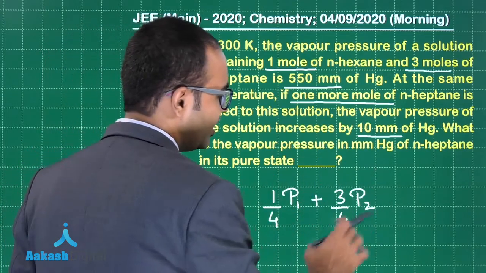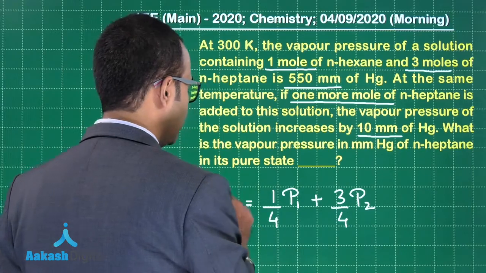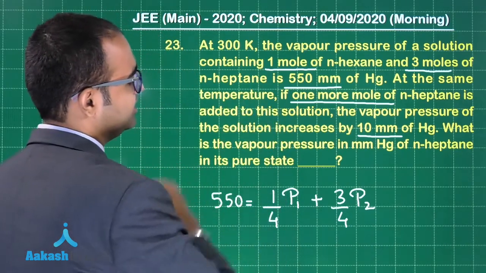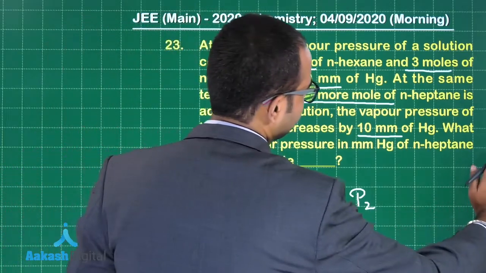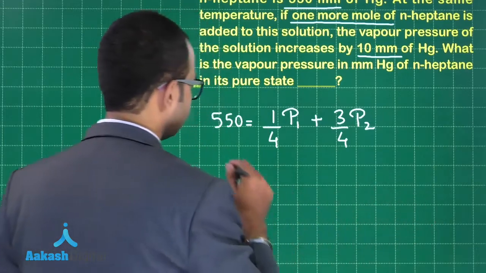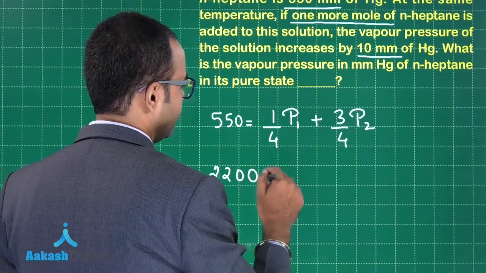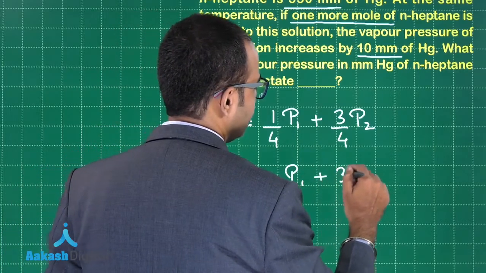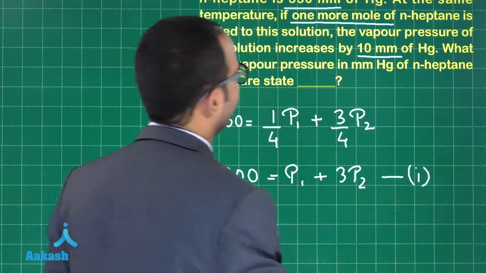So this is how we give the total pressure, and this will be equal to 550, that is given. So our first equation becomes P1 plus 3P2. This is our equation 1.